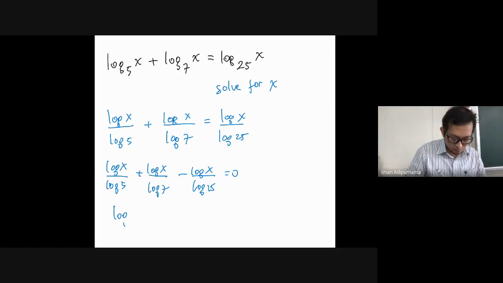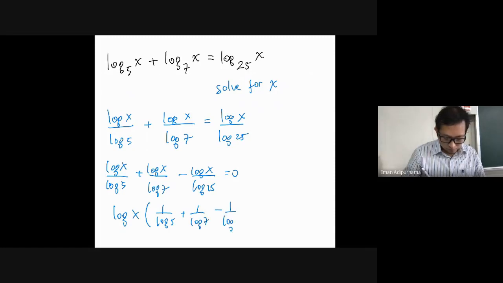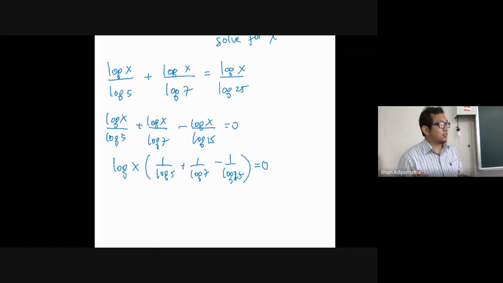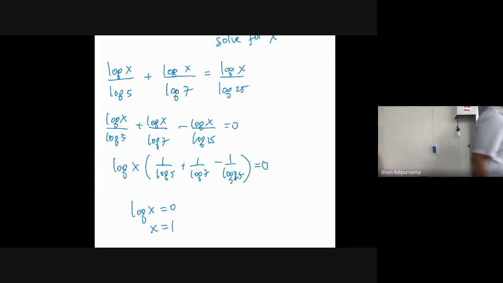I will factorize log x. And x should be 1, right? So log x should be 0 and x is 1. Okay, finish. So these numbers don't really matter because the only thing that makes it 0 is log x. So x is 1.